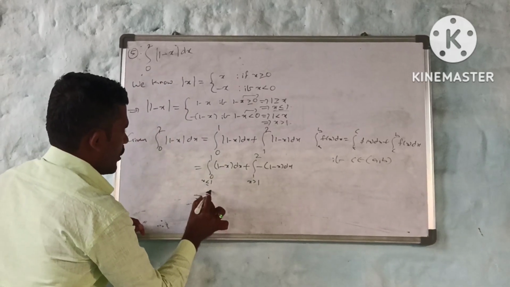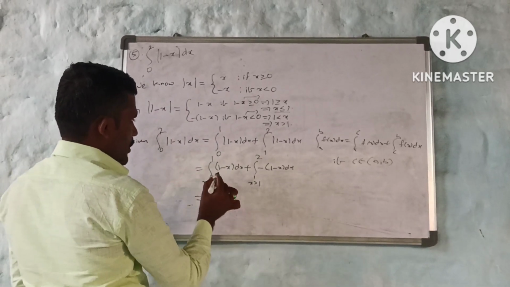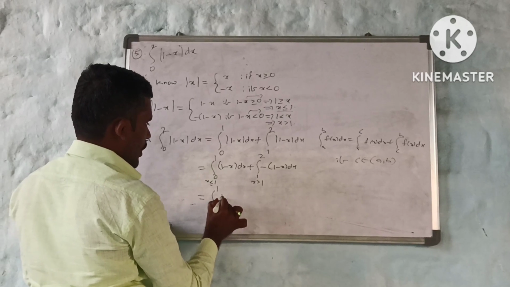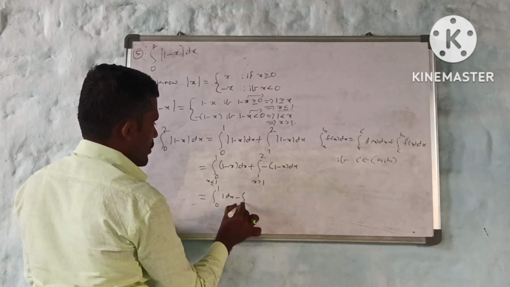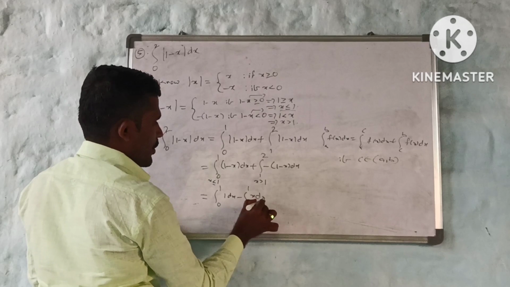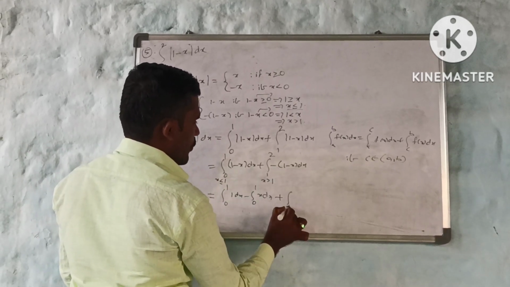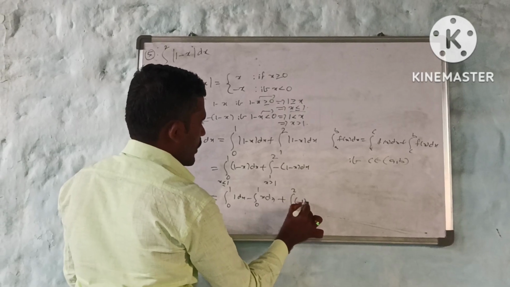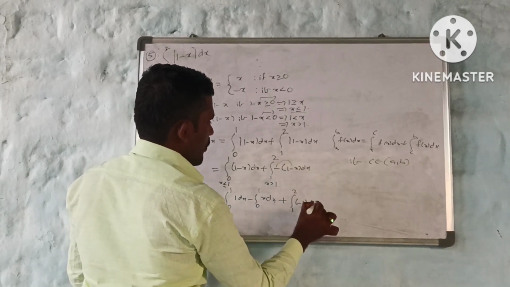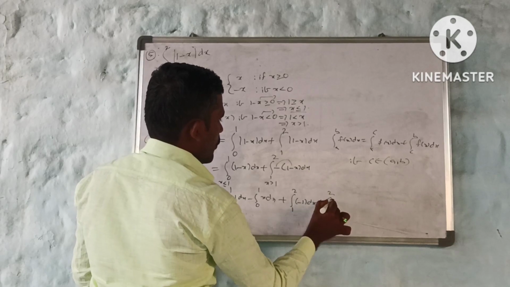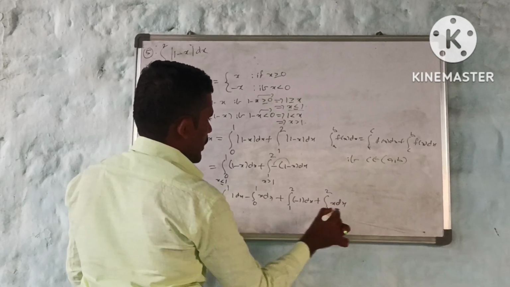Now taking 0 to 1, the integral of 1 minus x dx is integral of 1 dx minus integral of x dx from 0 to 1. I am splitting it, and taking the minus inside, we get 1 to 2 of minus 1 dx, and minus into minus is plus, so plus 1 to 2 of x dx.